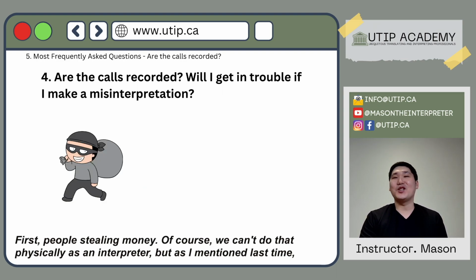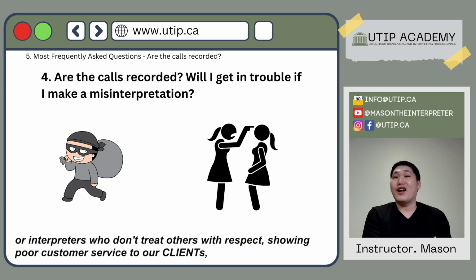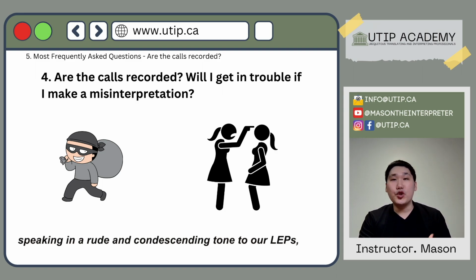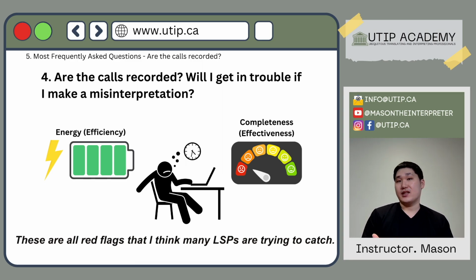Of course, we can't do that physically as an interpreter, but as I mentioned last time, purposely going on dead air, meaning staying on the call when you're supposed to disconnect, or interpreters who don't treat others with respect, showing poor customer service to our clients, speaking in a rude and condescending tone to our LEPs, and interpreters who clearly don't give a single crap about accuracy and completeness, always speaking in monotone. These are all red flags that I think many LSPs are trying to catch.